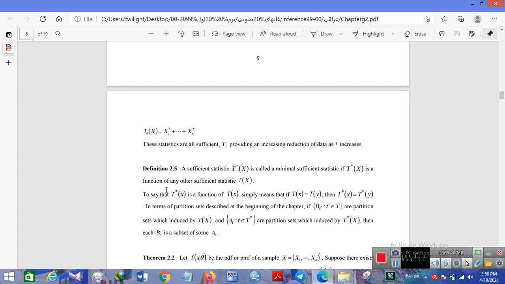To see that T star is a function of T(x), we should show that if T(x) equal T(y), then T star(x) equal T star(y).